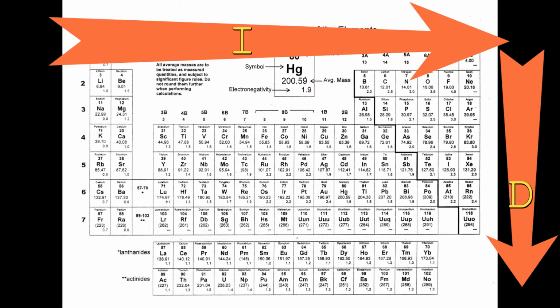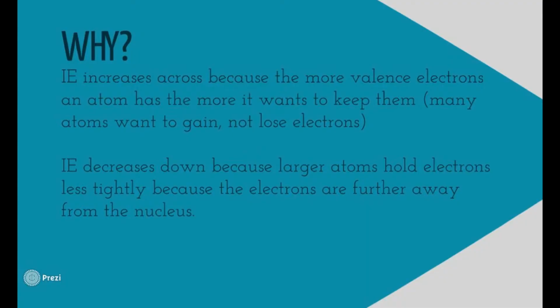I can flip this arrow back and make it go up, but I have to change that to increase. So why? Well, I already told you why, but this is just another good review. Ionization energy increases across because the more valence electrons it has, the more it wants to keep them. They want to be like a noble gas, which has that nice full shell. So if you get that full shell, you're not going to want to go away from it.